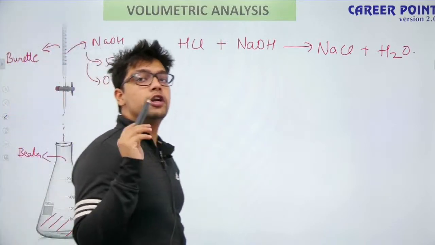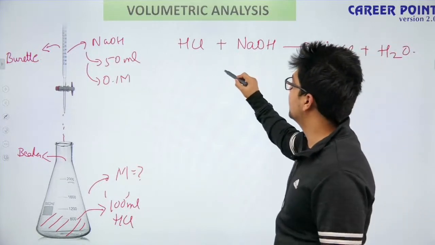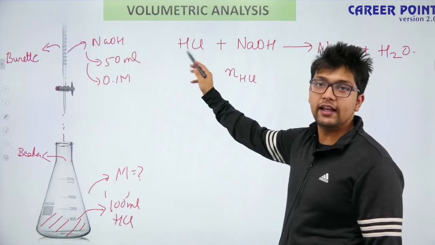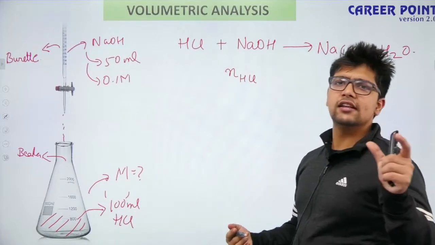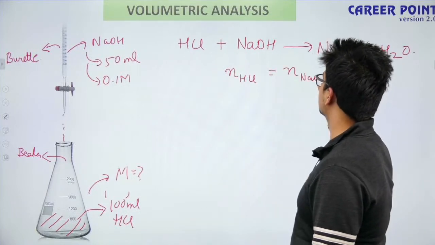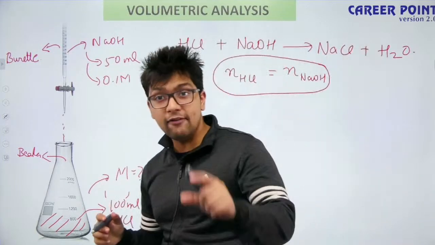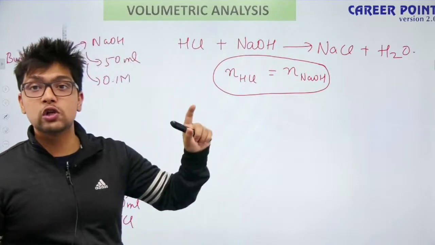From this equation, I understand that if 1 mole of HCl is reacting, it is reacting with 1 mole of sodium hydroxide. That is, the moles of acid will be equal to the moles of base consumed.